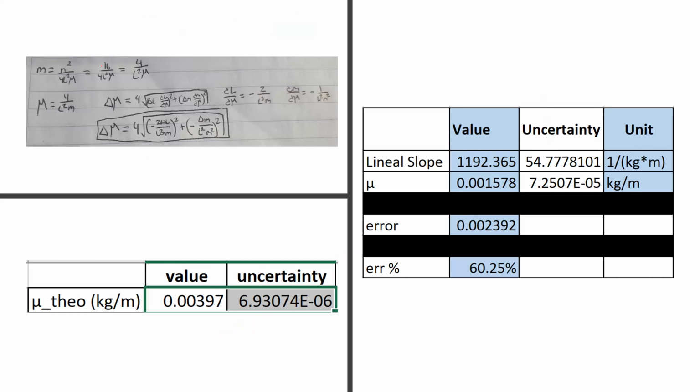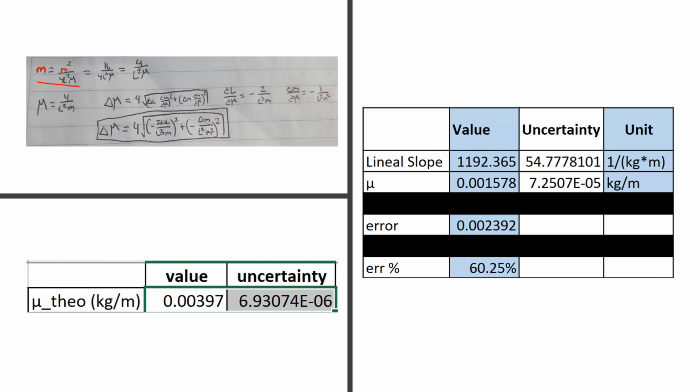Okay, so in order to calculate this experimental uncertainty, we need to use the formula for the slope. Here the slope is represented by the letter m. And as you remember, the harmonic number n is actually constant. It's 4.